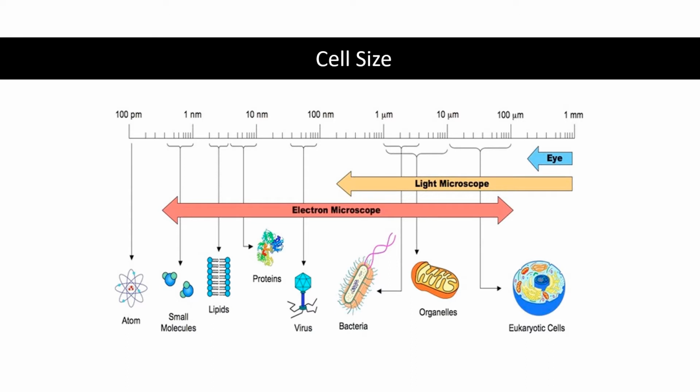Here is a scale, and it's a metric system, so make sure that you know your metric system. But we are going from 1 millimeter to 100 picometers, which is tiny, at the atomic level. But you can see in between the different sizes of, for example, eukaryotic cells, so these are going to be like animal and plant cells, and something like a bacteria cell.